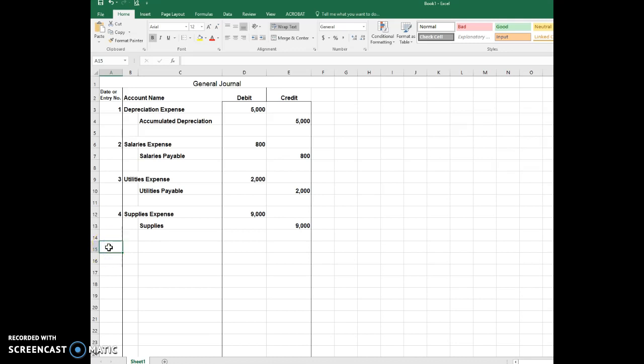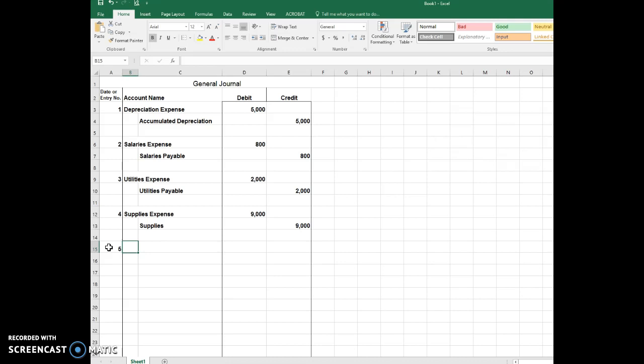Another adjusting entry would be, for example, when you've done work for some clients and they've not paid you yet. You haven't recorded anything to date. Maybe you're not finished with the job, but you're partially finished. So our entry number 5 would record the fact you've done some work for your clients and they owe you the money.